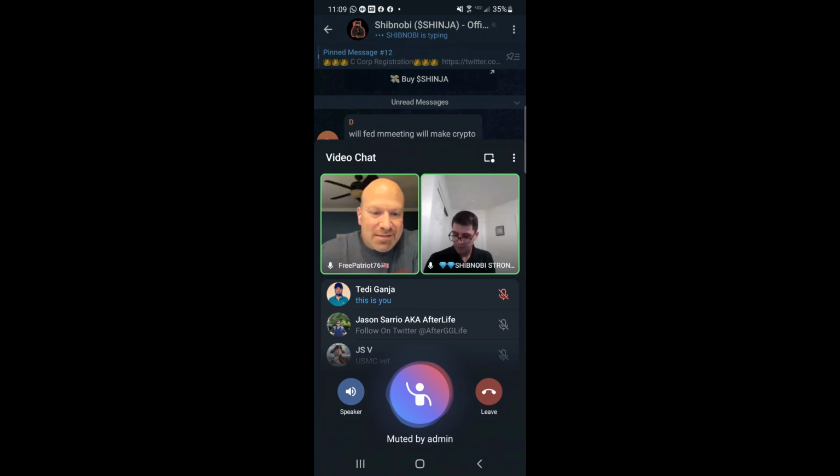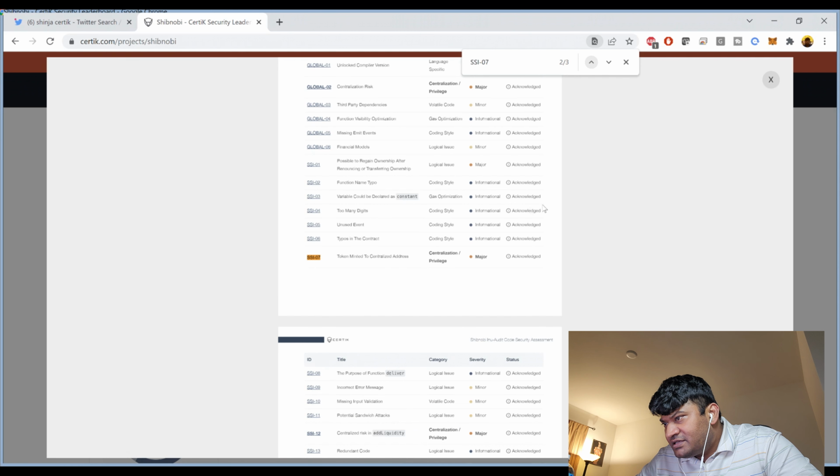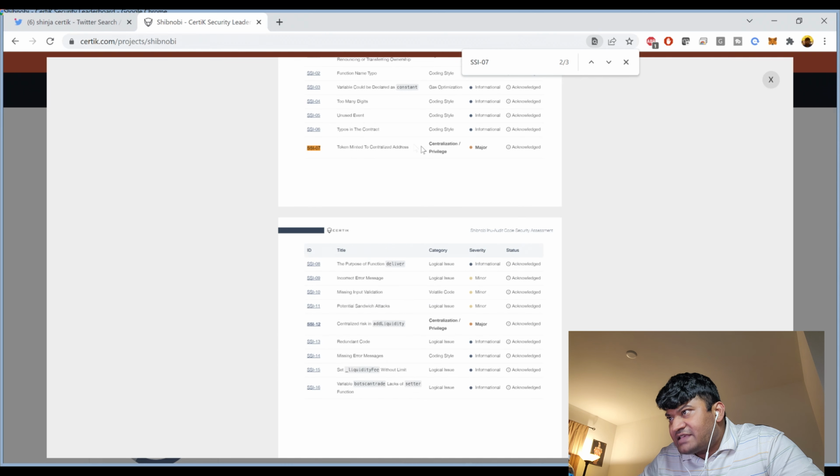The recommendation is that you make sure the private keys don't get out so that it can't get hacked. Which is obviously true for any wallet. Anybody that has a wallet, you're not going to give your keys out or let anybody have access to it, because it could drastically affect the project, since there's obviously a large amount of money in the marketing wallet. And then let's see, the last one is SSI 12.